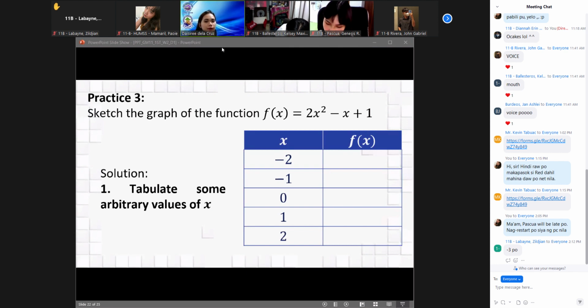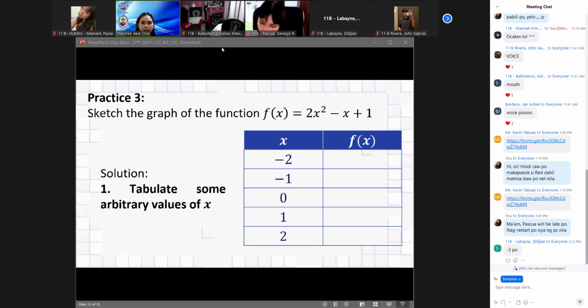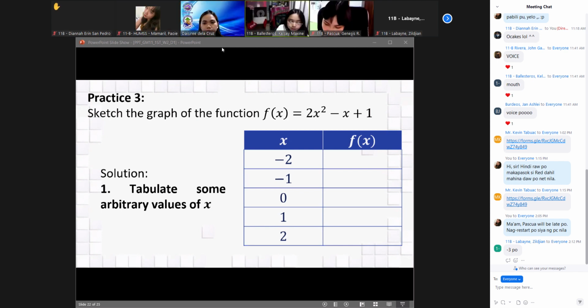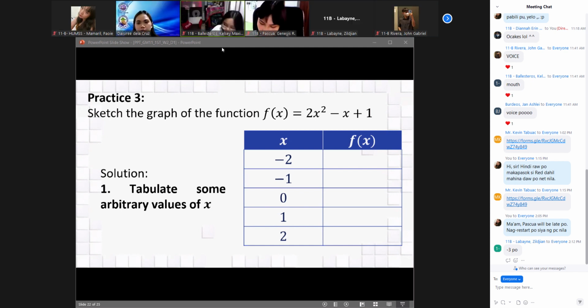Okay, so may sagot na sila, Bailing. What is your answer, anak? Function or not a function? Function po. Function. Okay, sige. So, wait lang natin yung iba kung ano yung magiging sagot nila. How about the others? What is your answer? Function po. Function. Diana.